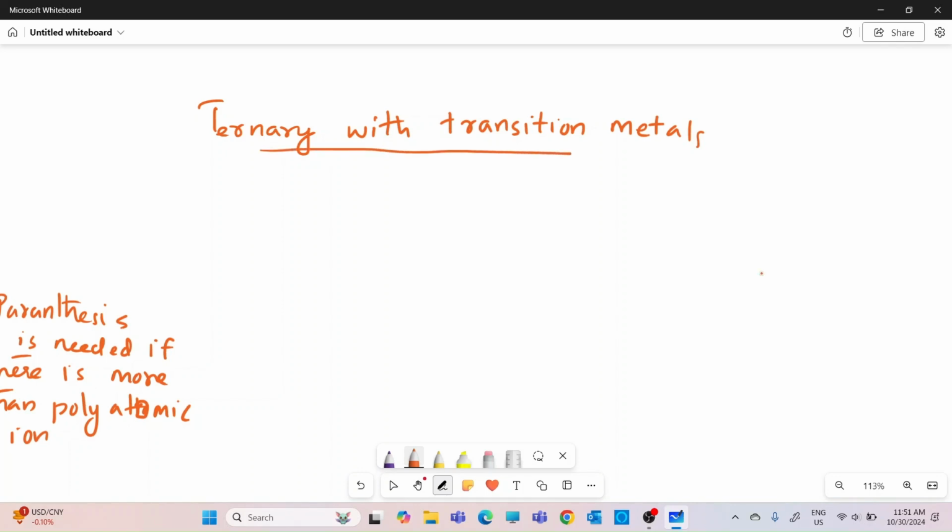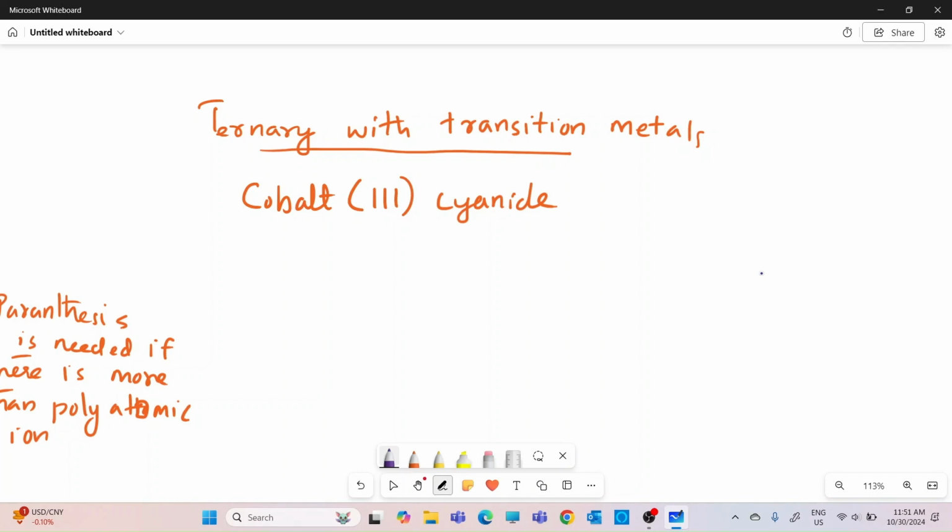So I'm going to give you a name, which is cobalt(III) cyanide. The name is already given, and the Roman numeral in parentheses is also given because we are not responsible for memorizing that.